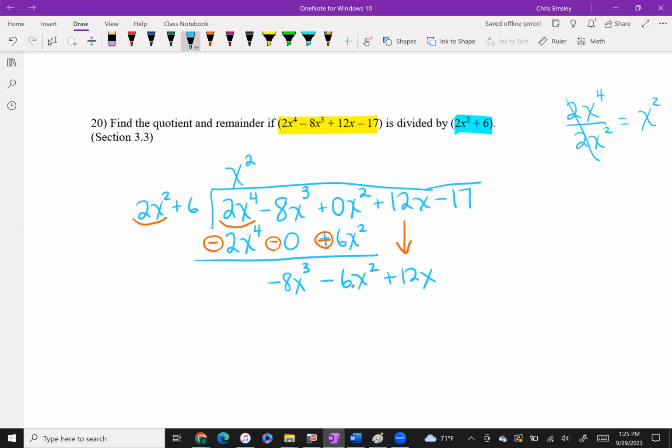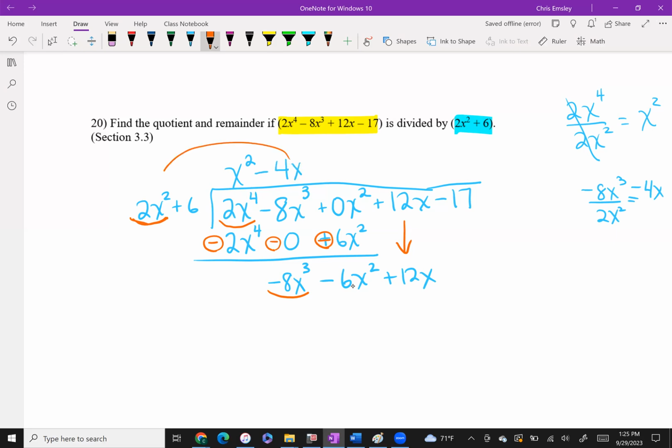This time the question is, what do I multiply 2x squared by to get negative 8x cubed? Or if you like to think of it this way, negative 8x cubed divided by 2x squared, which is negative 4x if you cancel, simplify, reduce. So we need a minus 4x up here at the top.